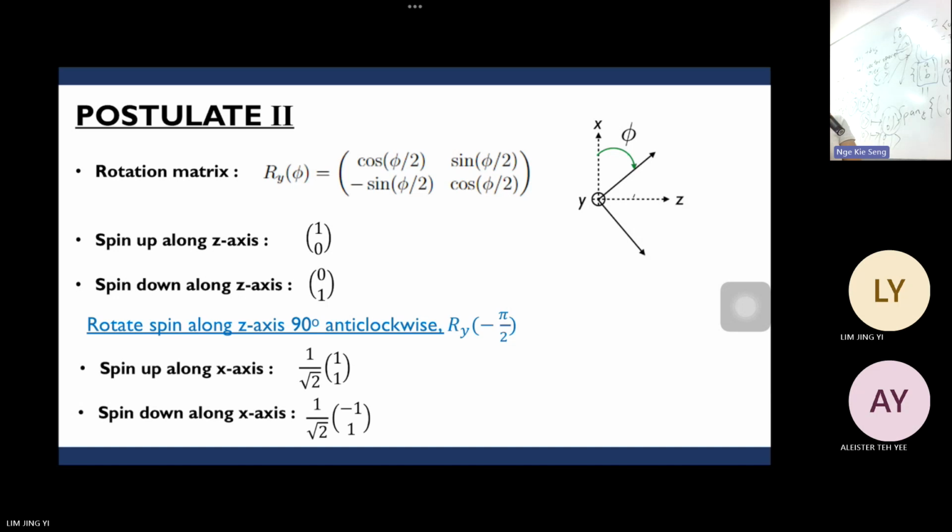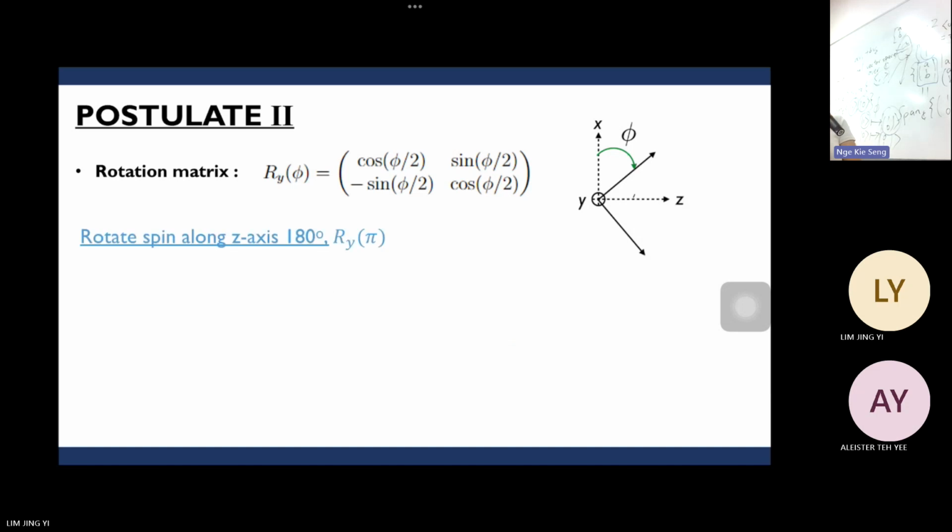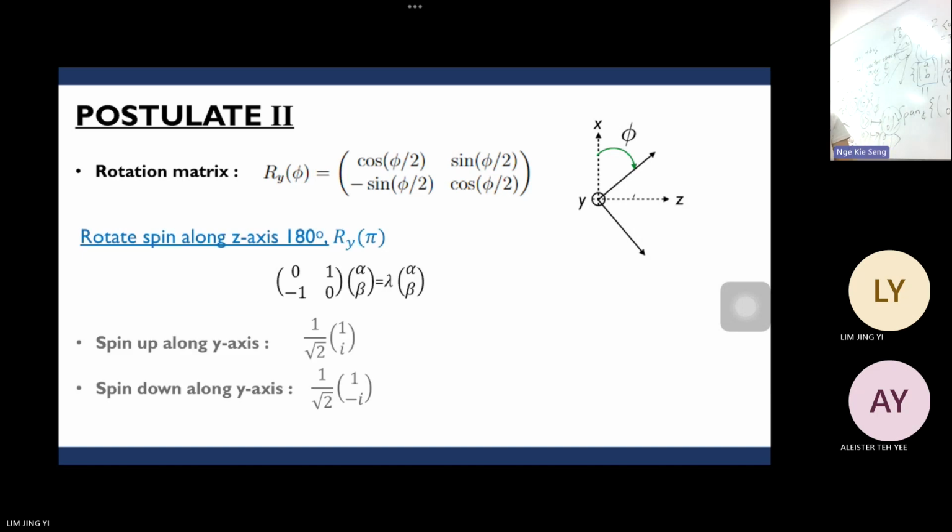The spin state along the y-axis is a little different because we can't rotate the spin to the y-axis this way, but we can introduce a new device called a flipper. A flipper basically reverses the direction of the spin state, which means I apply an angle of 180 degrees, anti-clockwise, and it still preserves the spin vector.